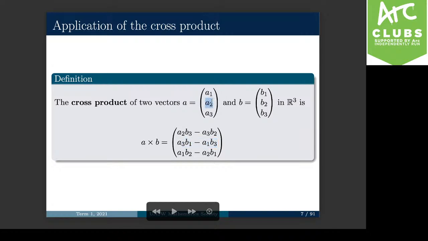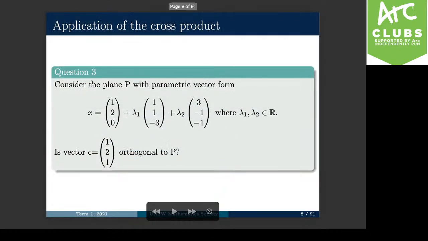You just cover the second row of each vector, and then use the cross product as well. But just one note, for the second row, you have to times the whole thing by -1, which gives you the second row. And then the third row, you do the same as the first row. Yep. And then this is a question, I think, in the MATH1131 paper.